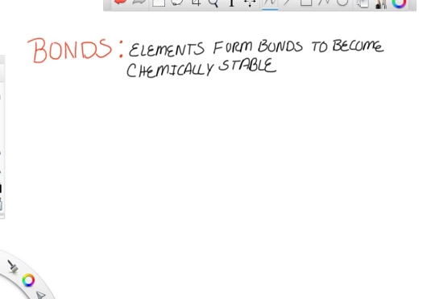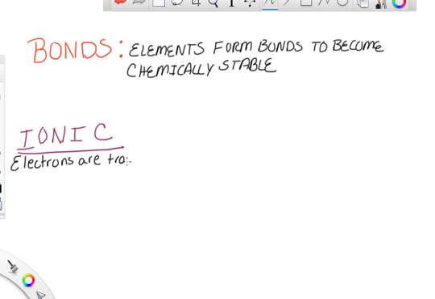We have 2 types of bonds. We have ionic bonds. And in an ionic bond, electrons are transferred, creating positive and negative ions.